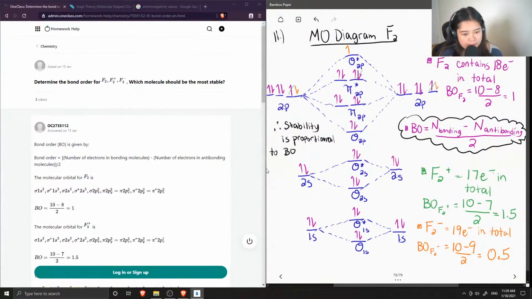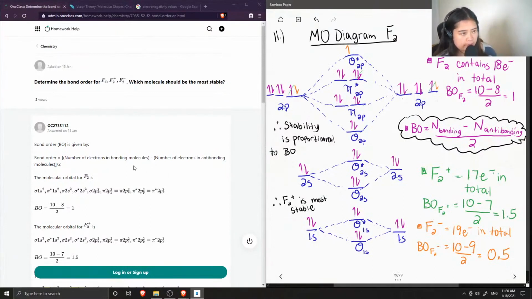So that means the higher the bond order, the more stable the compound is. So therefore, F2 plus is the most stable, since its bond order was the 1.5.